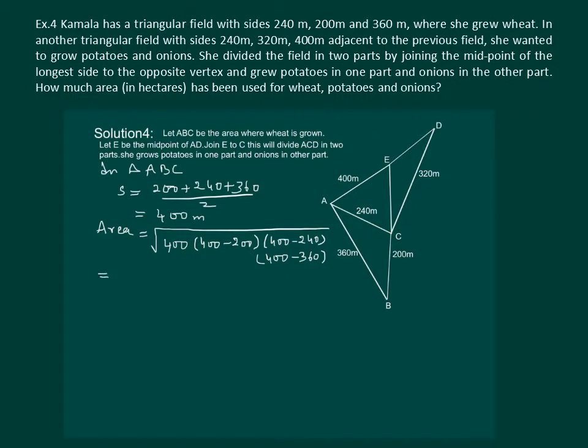Let us solve this further. We have 400 into 200 into 160 into 40 meters square, which is equal to, let us solve this further.